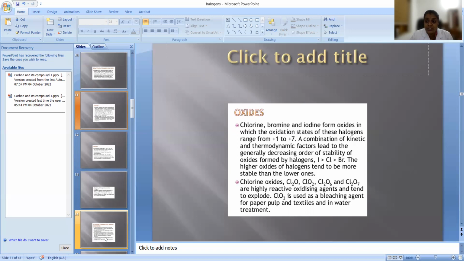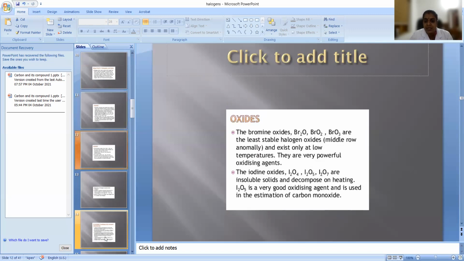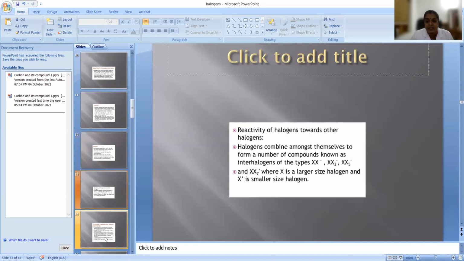ClO2 is usually used for bleaching purposes. The bromine oxides are the least stable halogen oxides and exist only at low temperature. They are very powerful oxidizing agents. Iodine oxides, for example I2O4 and I2O5, are insoluble solids and decompose on heating.